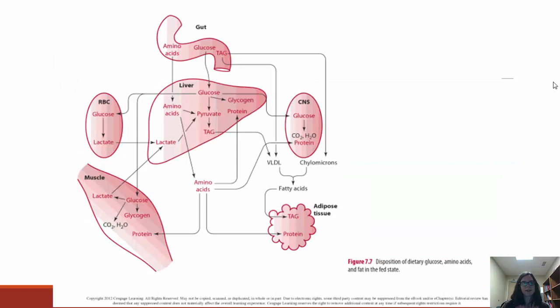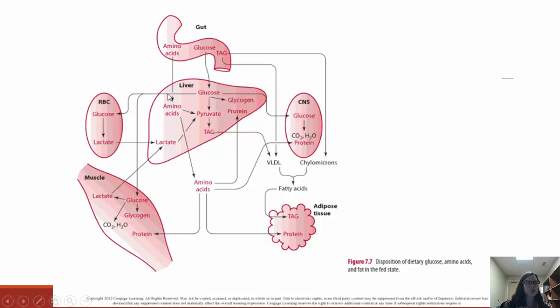This is a diagram of how we utilize nutrients in the fed state. I'm going to focus on amino acids specifically here. In our fed state, the amino acids that we just ingested go to our liver, as we know from last week, for digestion and absorption. The amino acids can be shuttled out to our peripheral tissues, so our CNS, they can go to our adipose tissue, or they can go to our muscles.